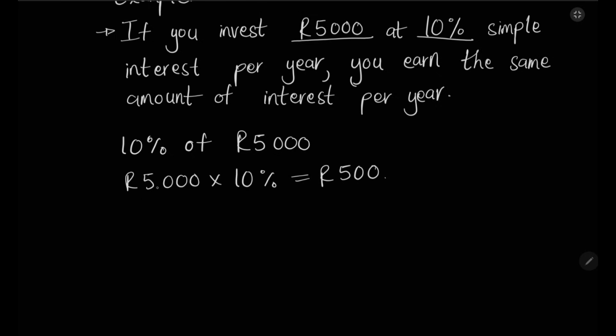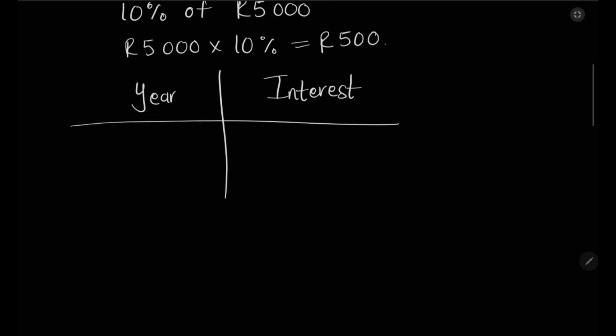We have to start with, let's say, year 1, okay? Let's say year, then interest. Let's just do a table. Let's say year 1.